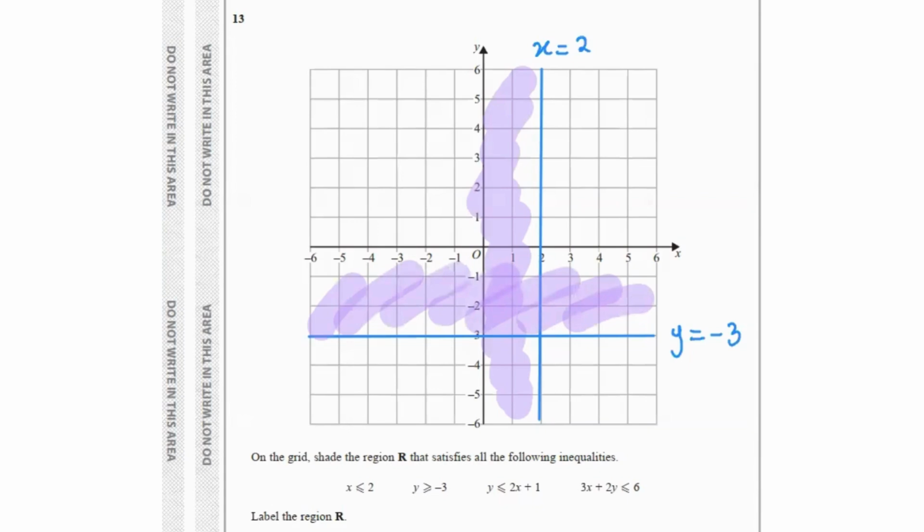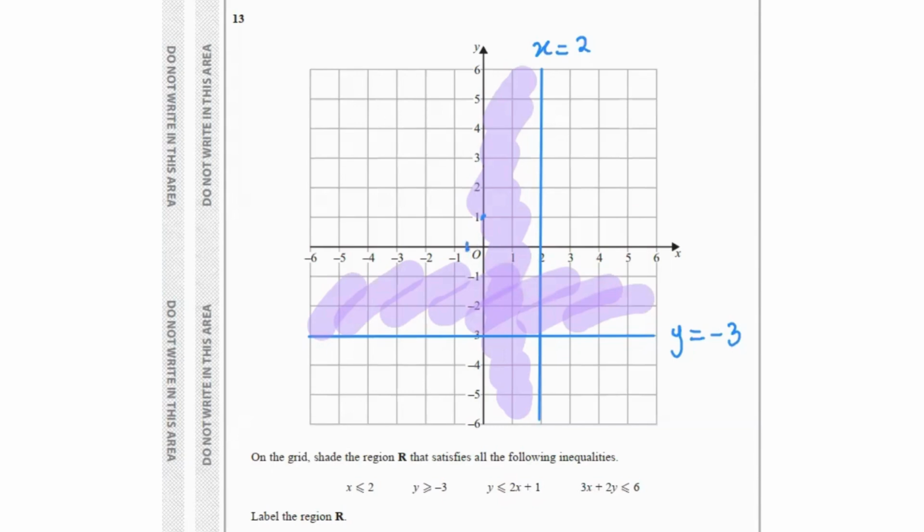So now y is less than or equal to 2x plus 1. So the y-intercept is 1 and your gradient is 2. So rise over run. When x is 0, y will be 1. When y is 0, x will be -1 over 2.